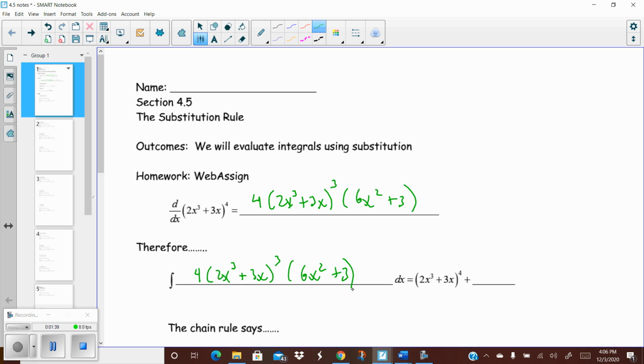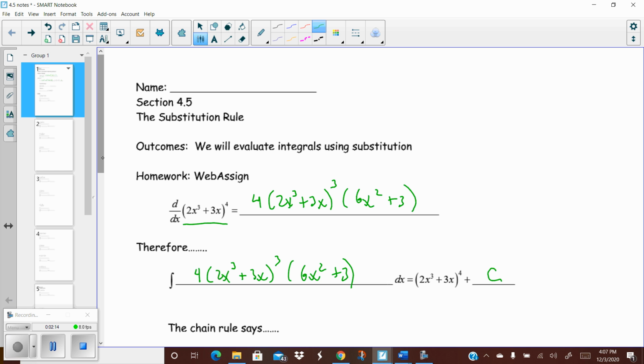However, I would have to add a plus c, because I'd have to have any possible constant added onto my original function that I could take the derivative of and still get to that. So again, hopefully that makes sense. If you took the derivative of this function and got the expression on the right, then if I took the integral of that, I'm going to get back to the original function plus some value c.